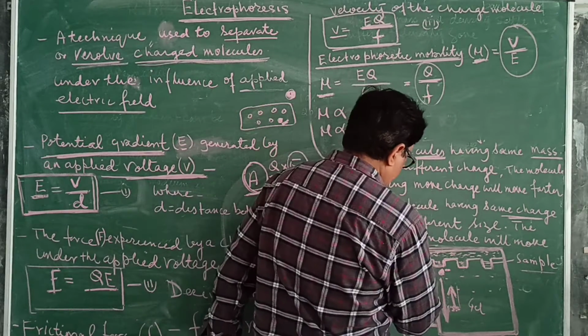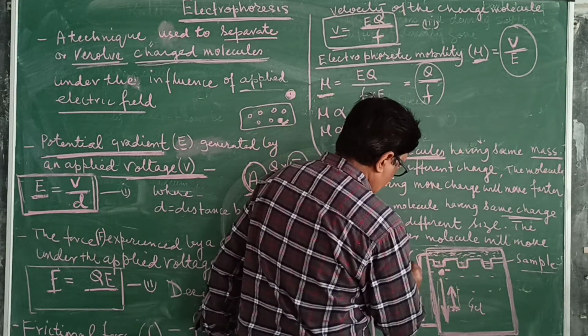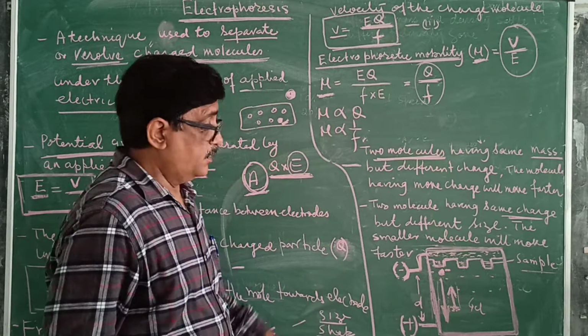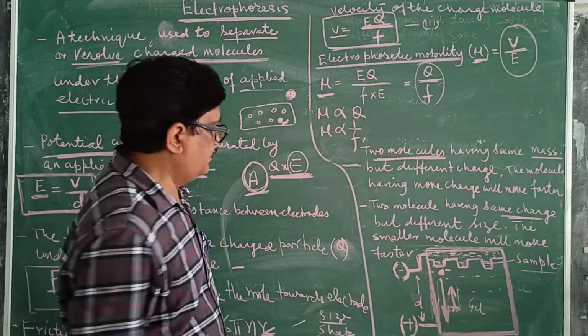Now, when an electric current is supplied, a voltage gradient will be generated.